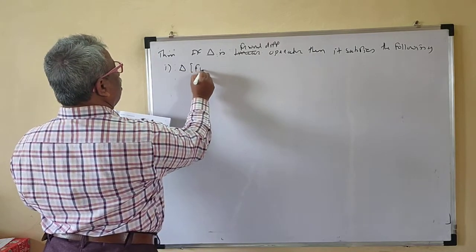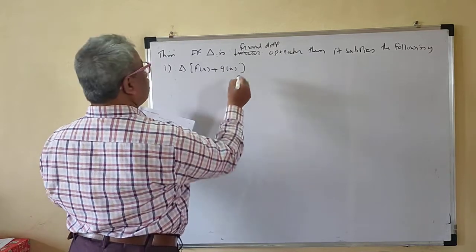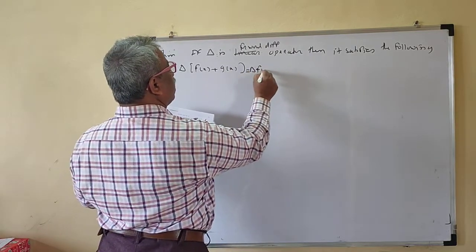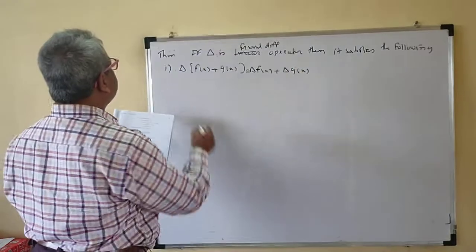Delta of f of x plus g of x is equal to delta f of x plus delta g of x.